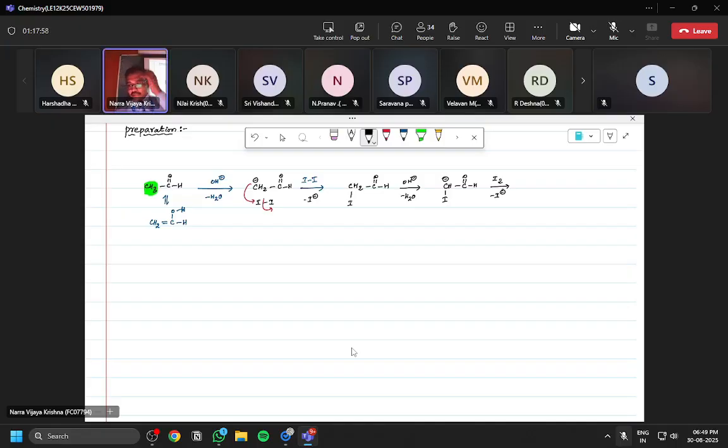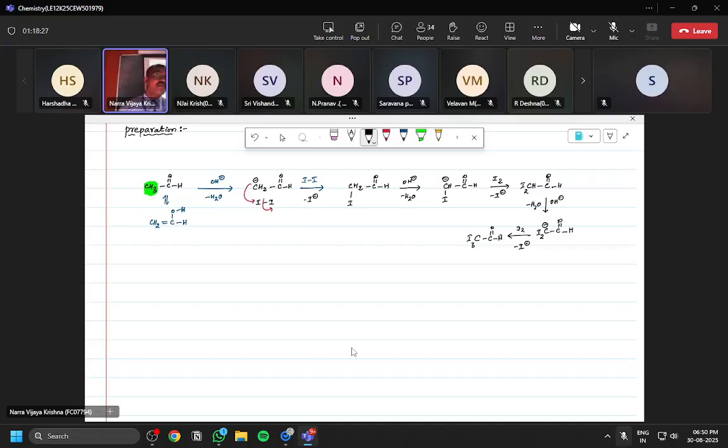Now the product will be CHI2 aldehyde. Now it can react with base again. Again, it reacts with base and H2O is lost. So the product will be C minus I2 CHO. Again, it will react with I2. I minus is lost. So the product will be CI3 C double bond OH.